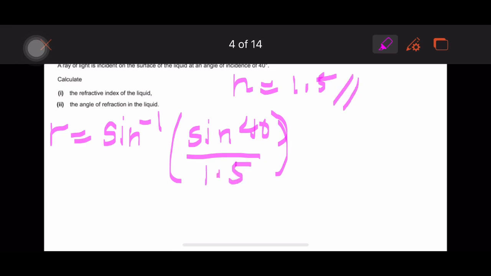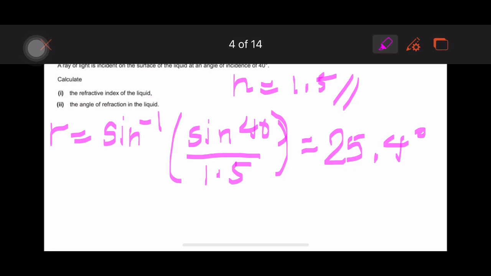If you're going to calculate, first enter in your calculator sine 40, then divide by 1.5, and then get the inverse sine of it, and the answer will be 25.4 degrees.